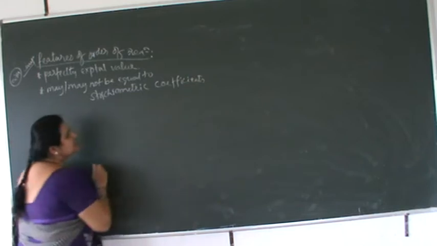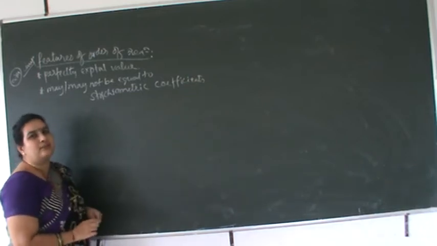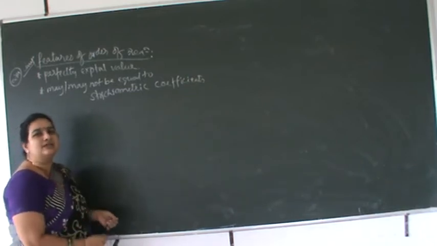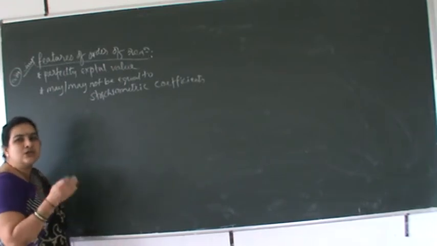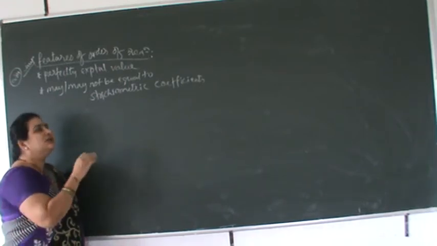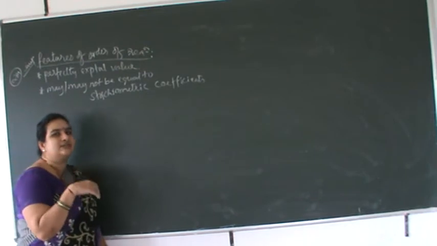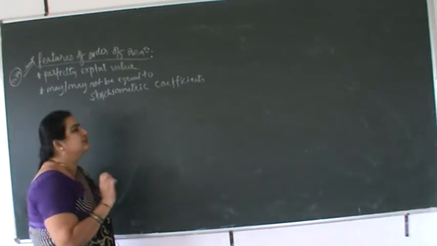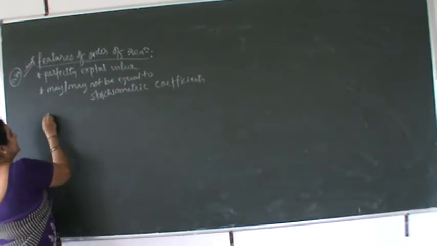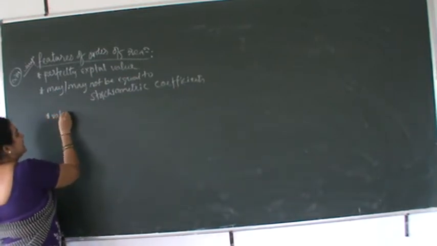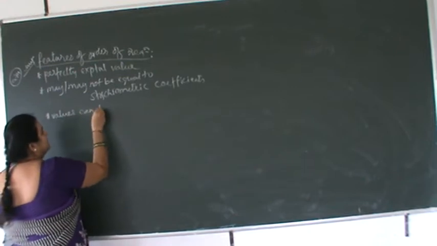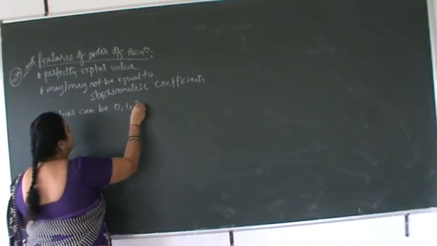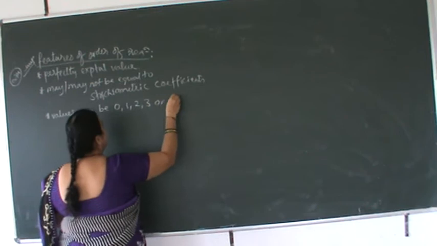In some cases it may be equal to stoichiometric coefficients, and in some other cases it may not be equal to stoichiometric coefficients. I have cleared this by giving examples, 5 examples I solved in the last class. Next, the values can be 0, 1, 2, 3 or even a fraction.